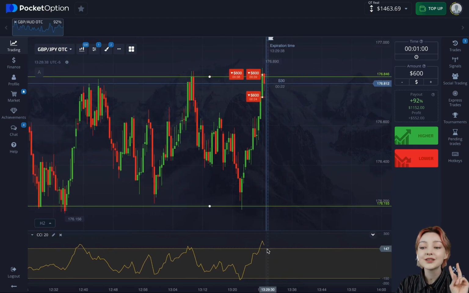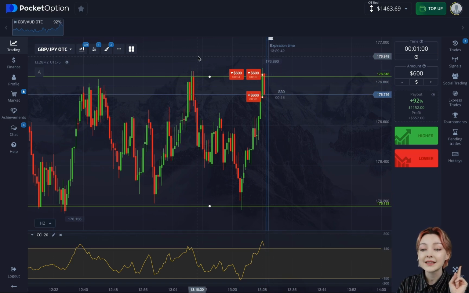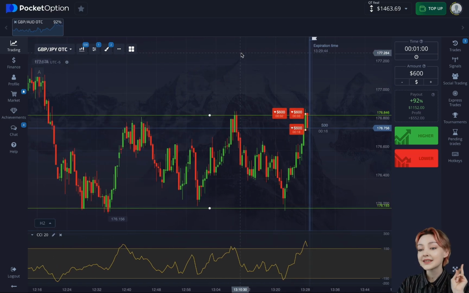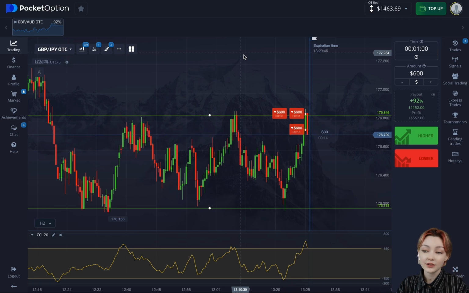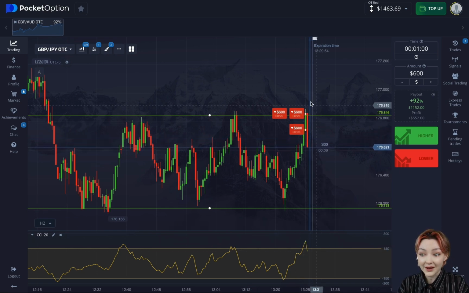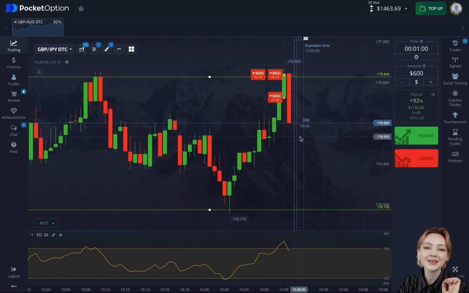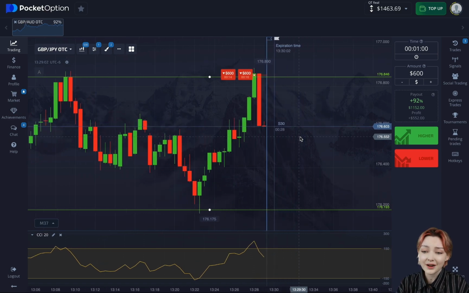So we've got two reasons to place a trade downwards. The first one is the important price level, and the second one is the overbought condition of the fast indicator. As you can see, our deals got followed by a rapid rollback from the powerful area. Thereby, the first deal closes with no issues whatsoever, and the two deals I placed just in case are also about to close in profit.